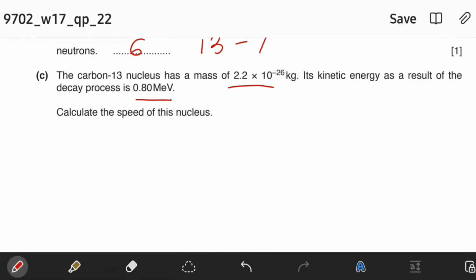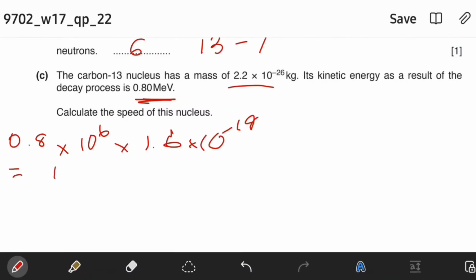So we need to first do some multiplication with this given kinetic energy. This M represents what? 10 to the power 6. You need to memorize prefixes, and multiply 10 to the power 6 for mega, and for E, this represents the charge of a single electron, which is 1.6 into 10 to the power negative 19. Right, so this gives us the answer of 1.28 into 10 to the power negative 13.